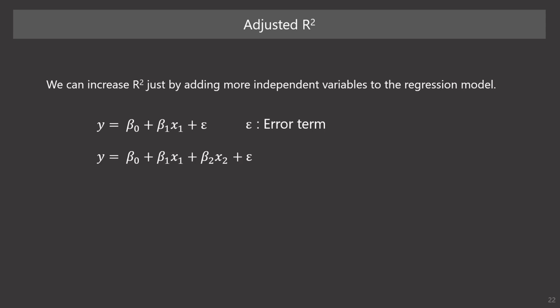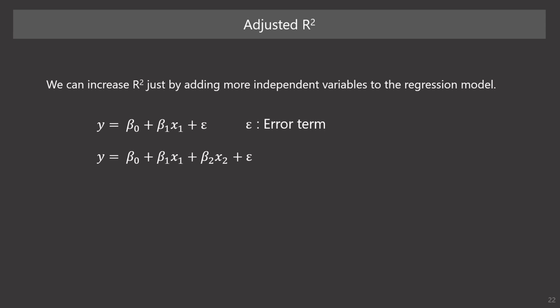Suppose we include an additional independent variable, x2, into the equation. In that case, the epsilon will decrease unless the regression coefficient of x2, beta 2, is 0. It is the case where beta 2 is statistically insignificant.